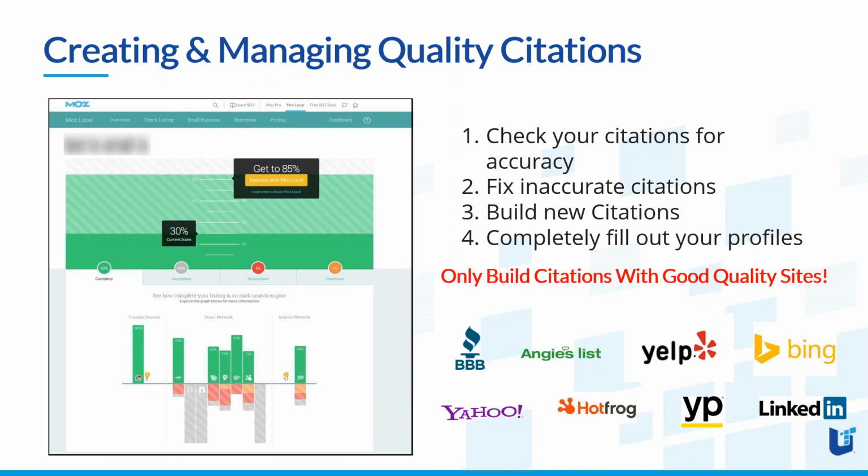And these are things you're going to want to go through and fix and make accurate. So by using a tool like Moz Local, you can go in and find all the inaccuracies with your business, and it will also give you suggestions and opportunities to make sure that you have completed 100% of the things that are asked for on those particular websites.